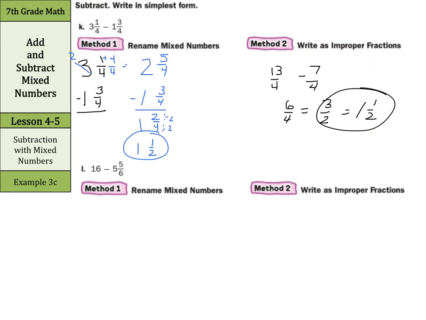Just be careful. Now, with our 16 minus 5 and 5/6, once again, you can be somewhat creative, but might as well just call that a 0/6 with the 16.